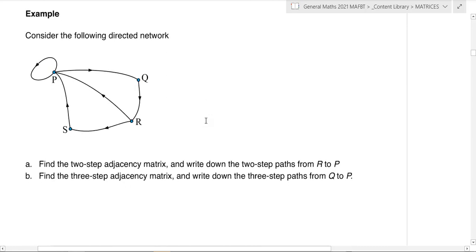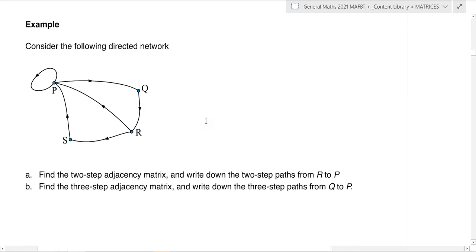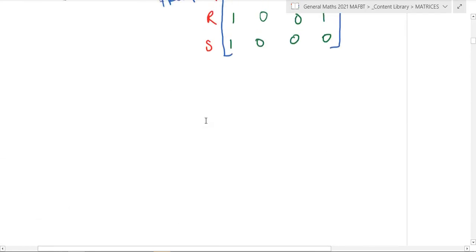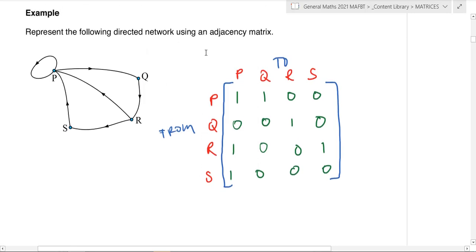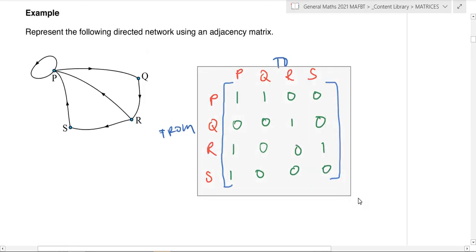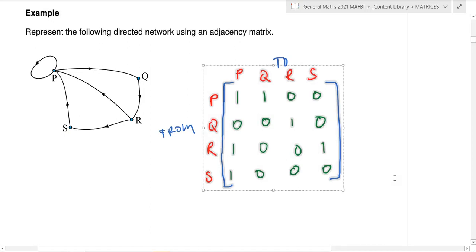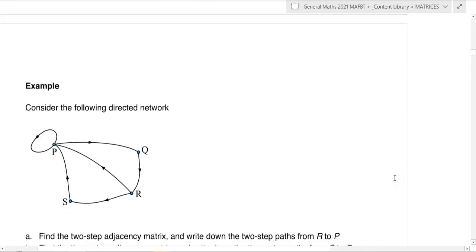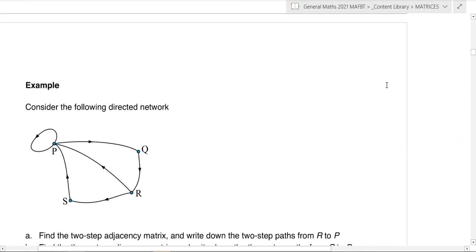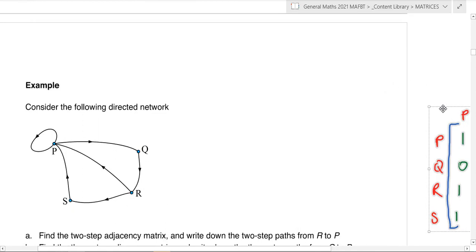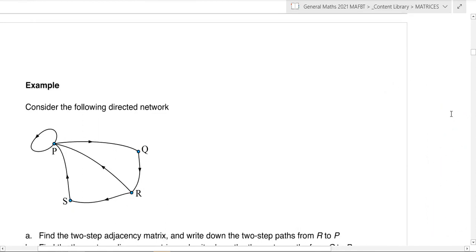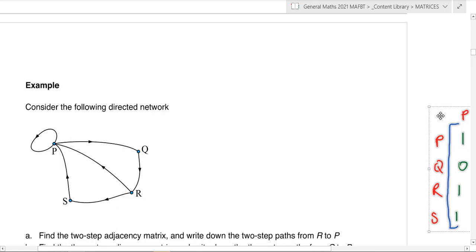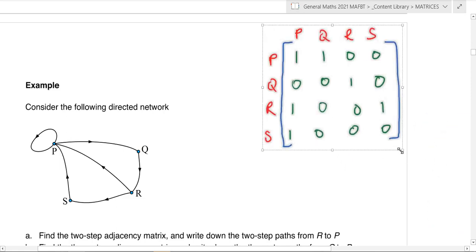All right, let's go into some examples so we can figure it out. Really quickly, I'm just going to copy and paste this so we have it with us as a bit of a reference here. Remember, this is our one-step connections.